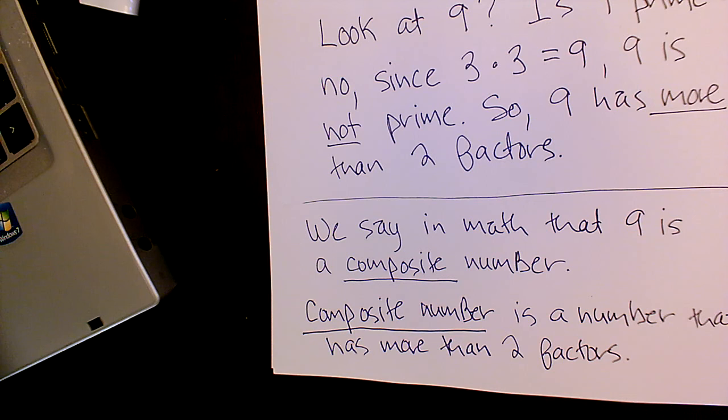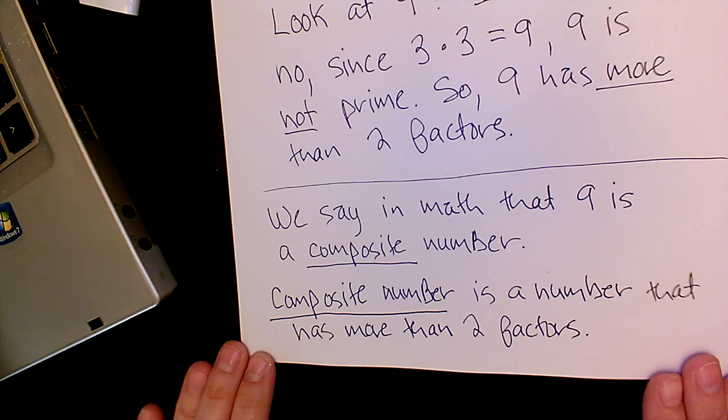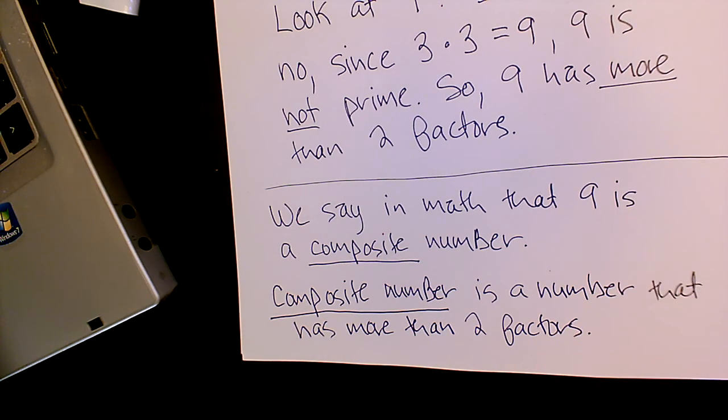So if it's got 3 factors or 4 factors or however many factors over 2, then we say it's a composite. So 9 is a composite. And a prime only has 2 factors, 1 and itself.